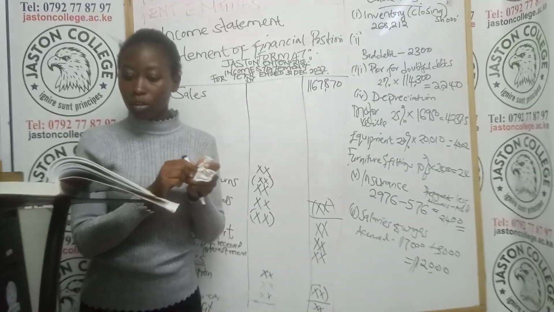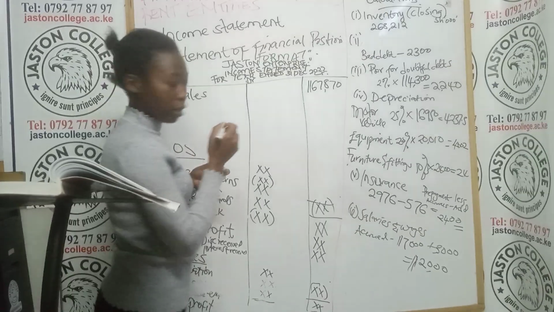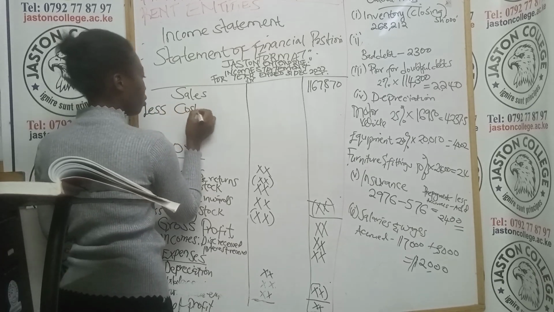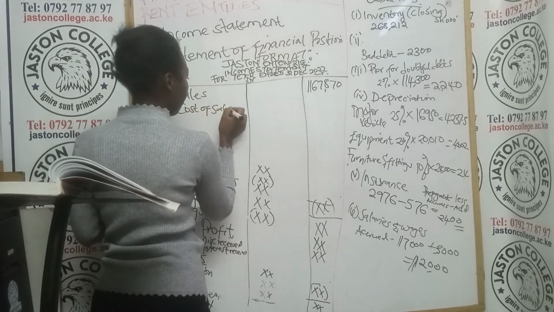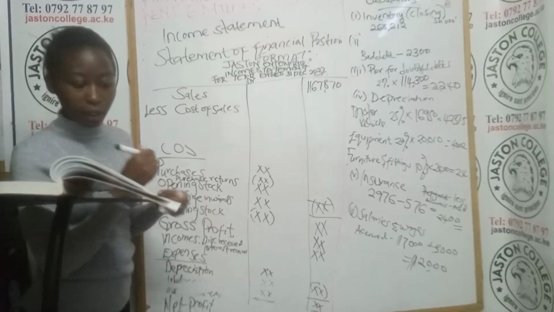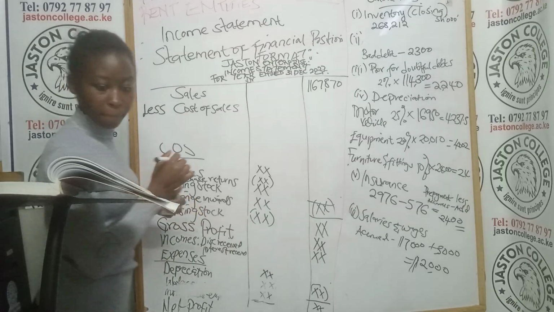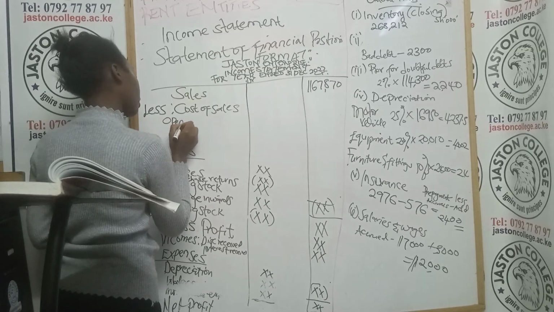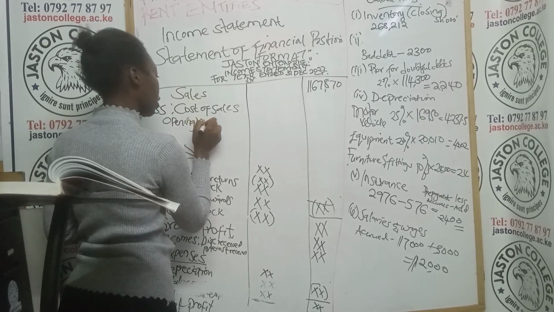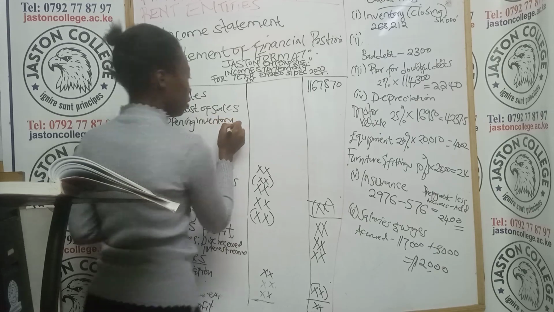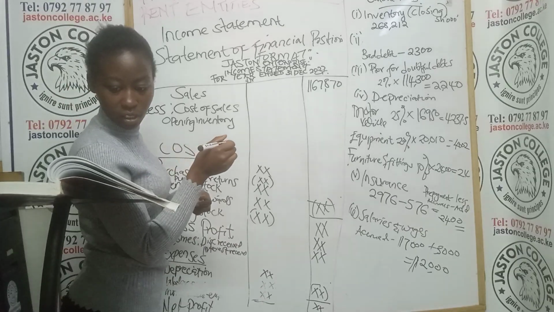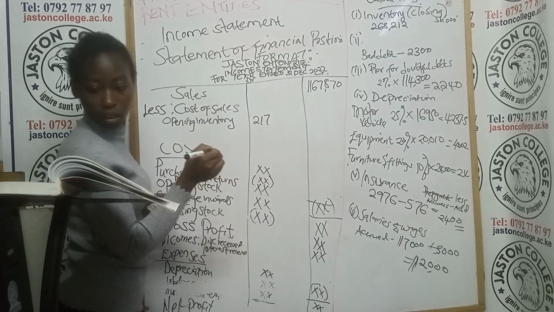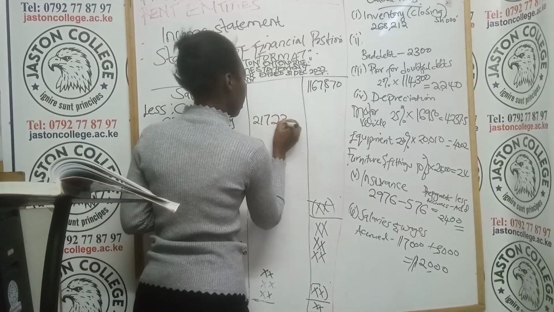Yes, then we will go to our less cost of sales. Here we have our opening inventory, which is 217,230.